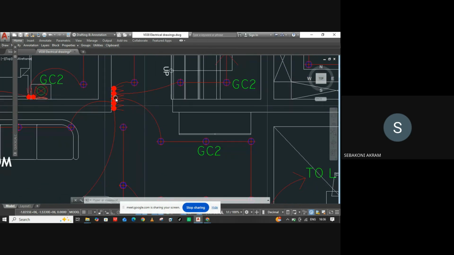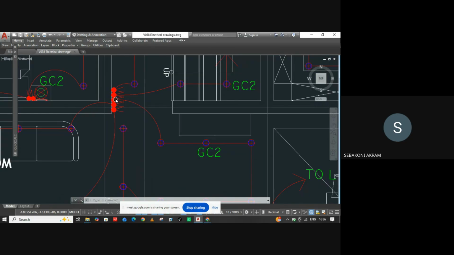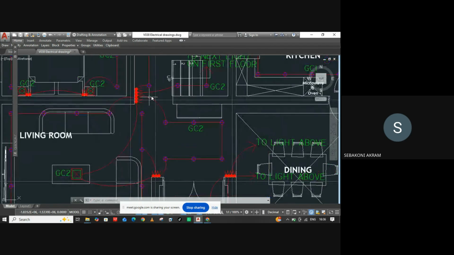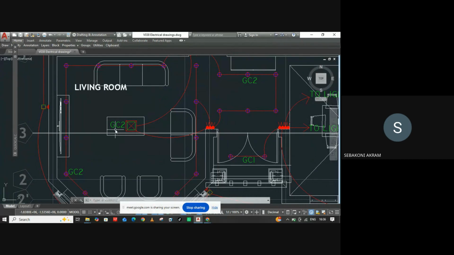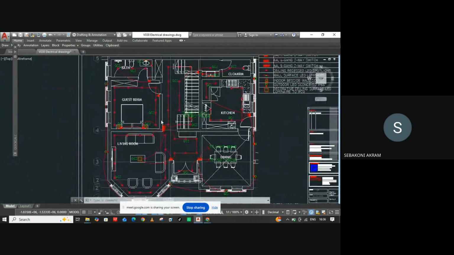Putting 2 circuits or 2 cables from the consumer unit into this one is really difficult. You're getting me? You might even cause short circuits between those designated circuits. So why did we make GC2, you see, have all these up to this side?